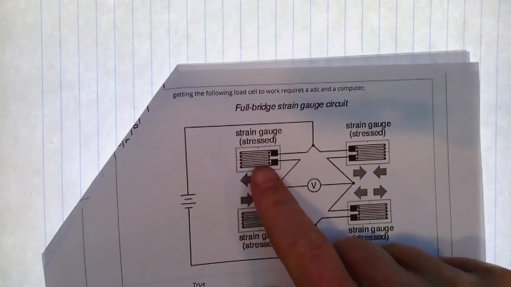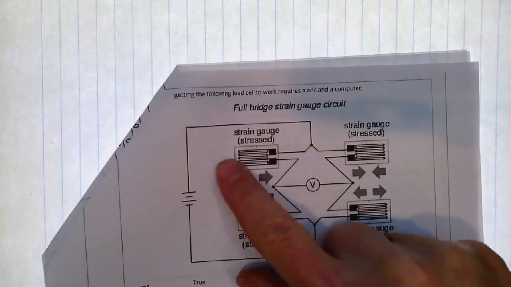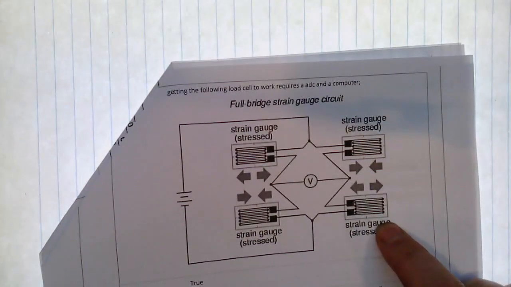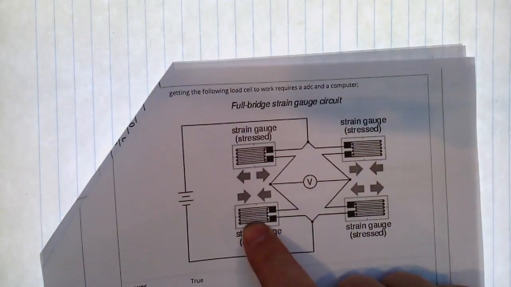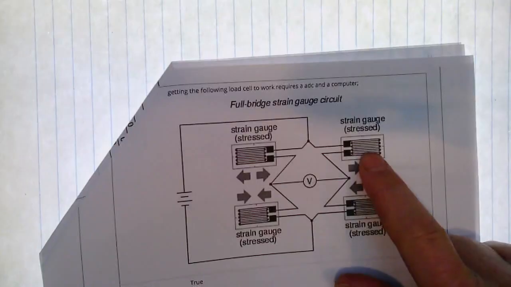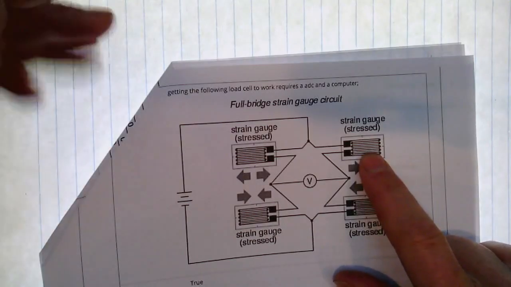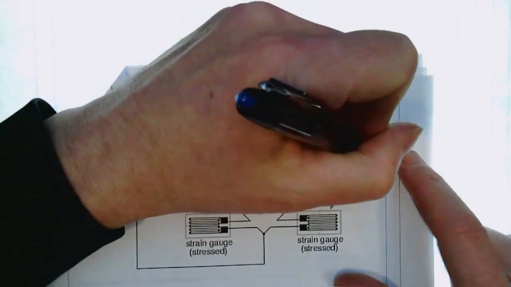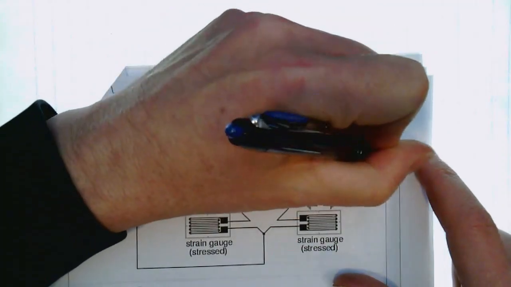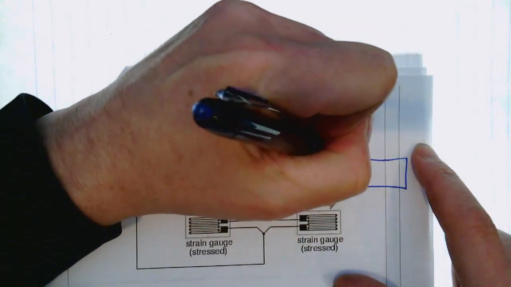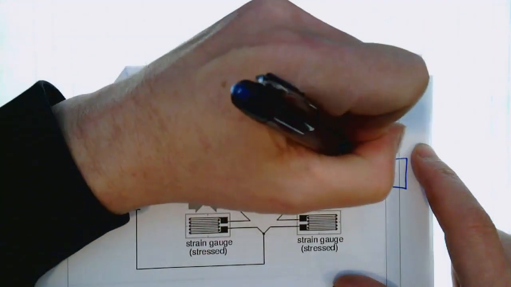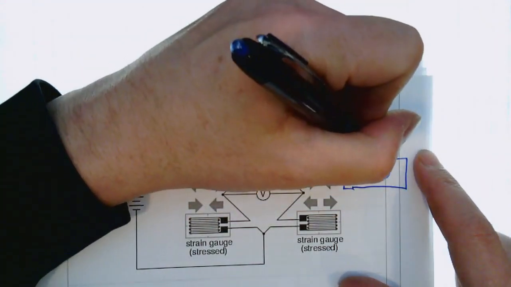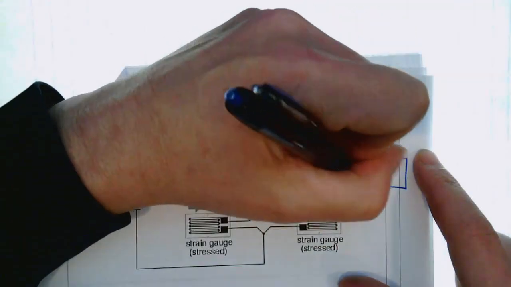I see this here is a strain gauge, and that's a strain gauge, and this is a strain gauge, and that's a strain gauge. But they're placed in a load cell which has an aluminum bar or some sort of flexible bar that's been bored out with a hole or two holes, and then they put in strain gauges in here and one in here.